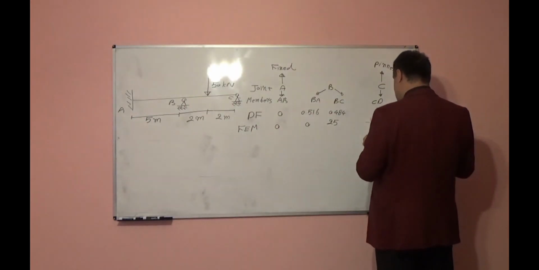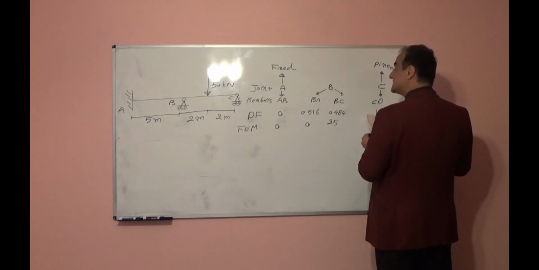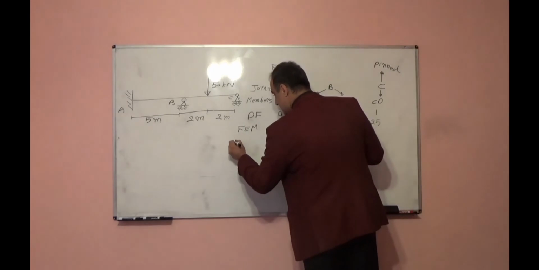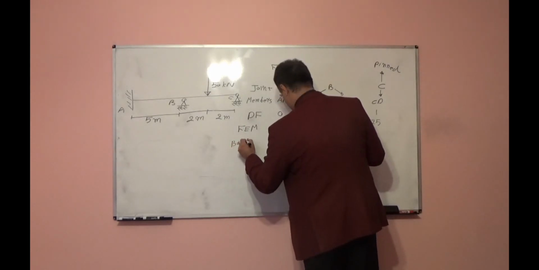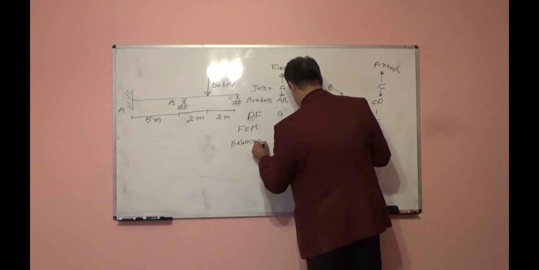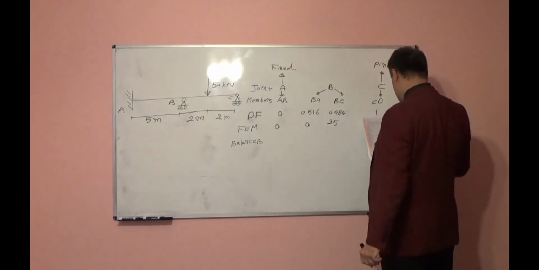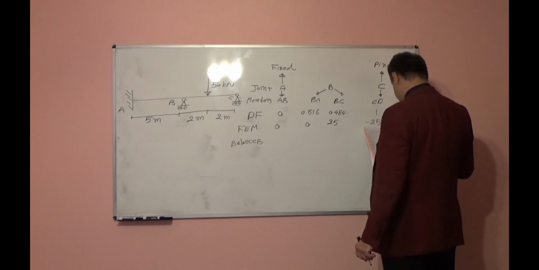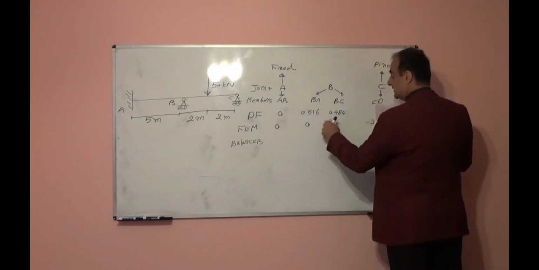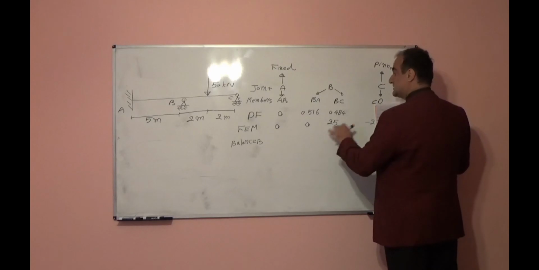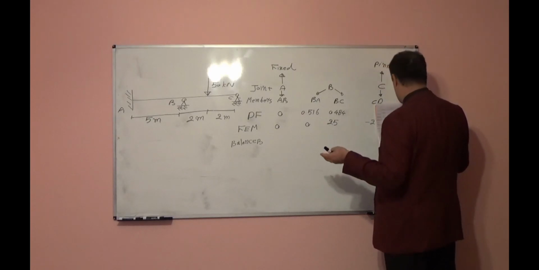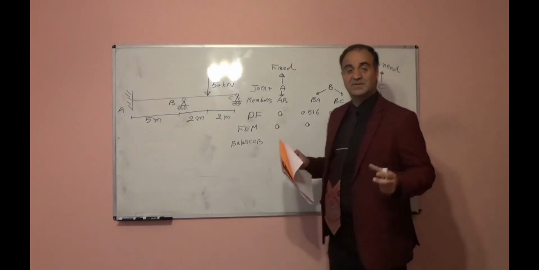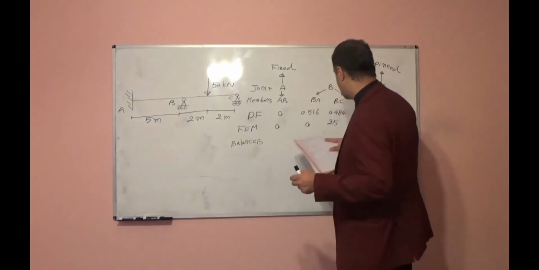Then we will balance joint B. In order to balance B, let's see what we will do. We have this moment. It is positive. In reverse direction, we will make it negative. So instead of 25, we will have negative 25.